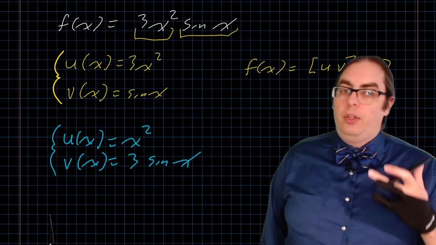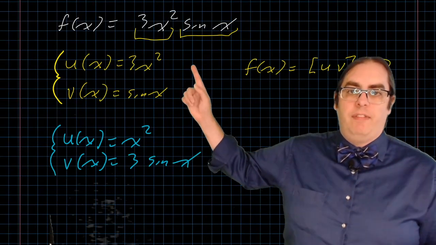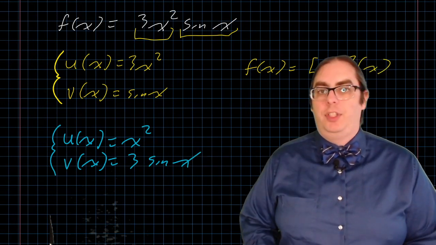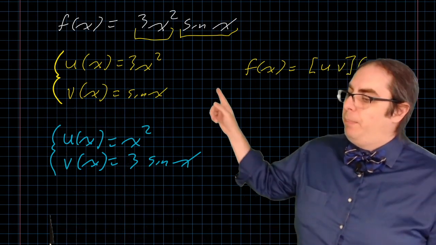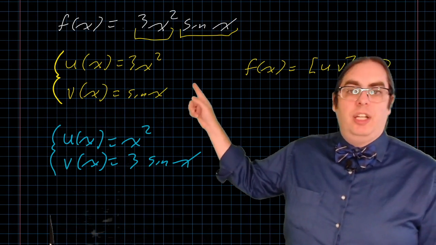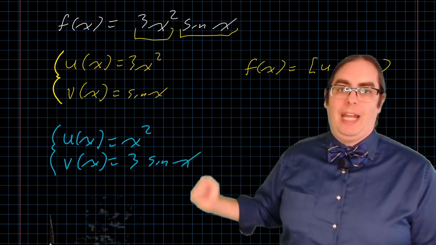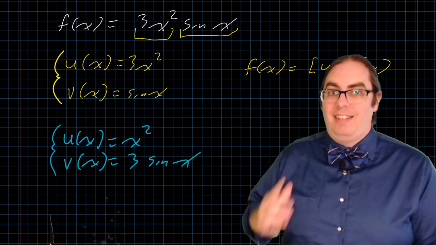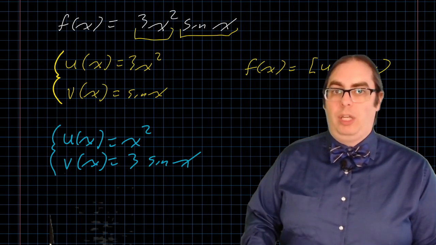The goal here is the original function, 3x squared sine of x, is a complicated function. There's a lot going on there. If I break it down, each of these pieces is a simpler function than the one we had to start with. And simpler is the key. Simpler is what we're looking for.